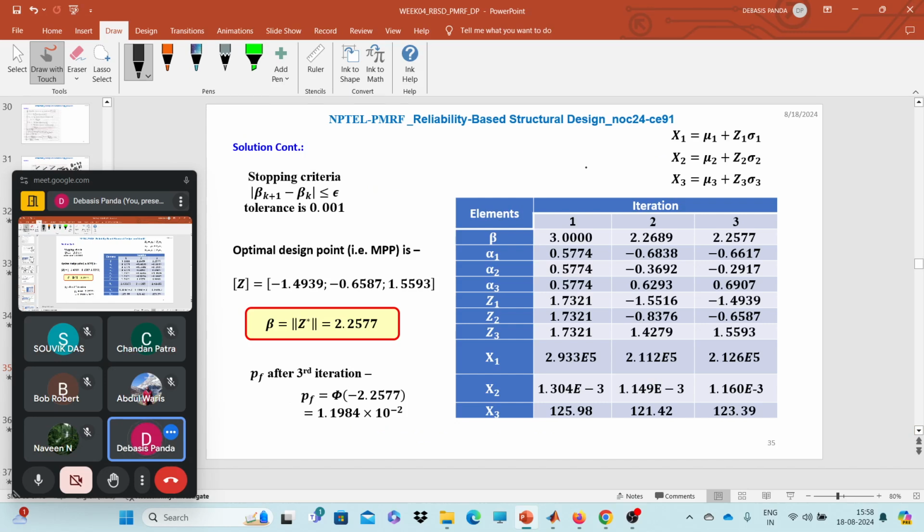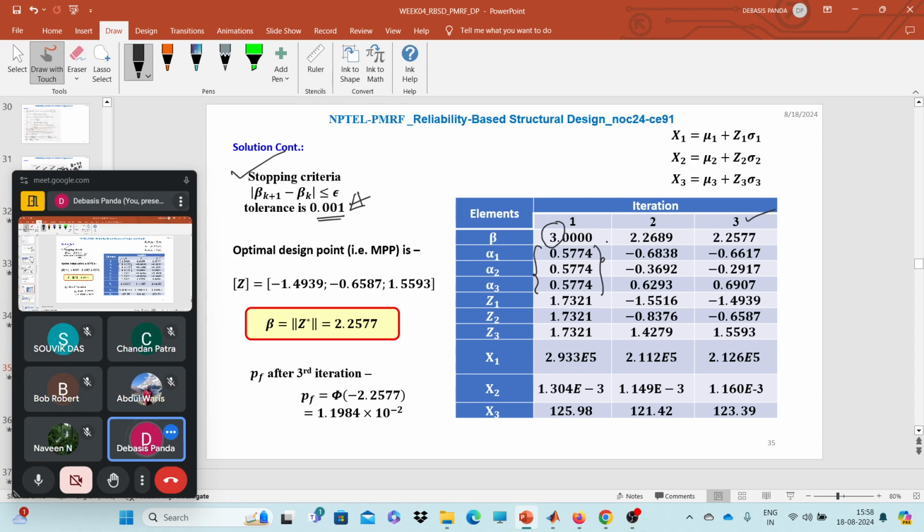Like here in the tabular form, I have given the stop criteria: beta k plus 1 minus beta k should be within the tolerance limit, and I have set the tolerance limit as 0.001. I have seen that after the third iteration, it converges. In the first iteration, we started with 3, considering equal weightage of the direction cosines.